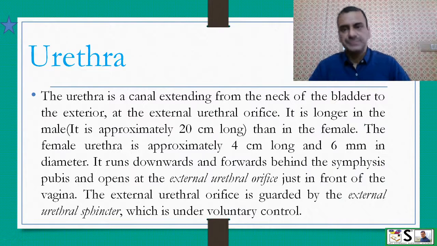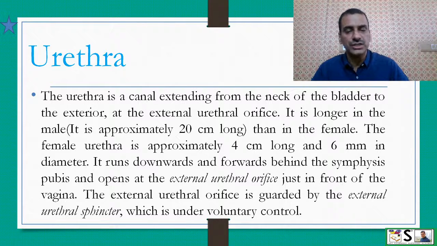The urethra. Urethra is a canal extending from the neck of bladder to exterior at the external urethral orifice. It is longer in male, approximately 20 cm long, than in females. The female urethra is approximately 4 cm long and 6 mm in diameter.